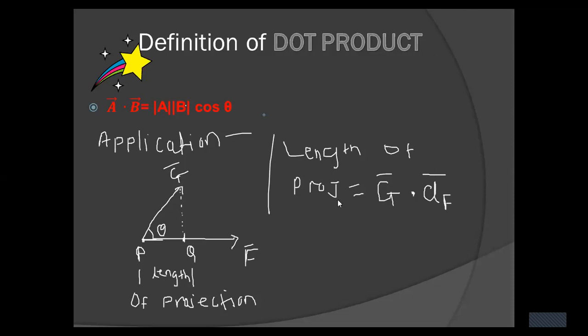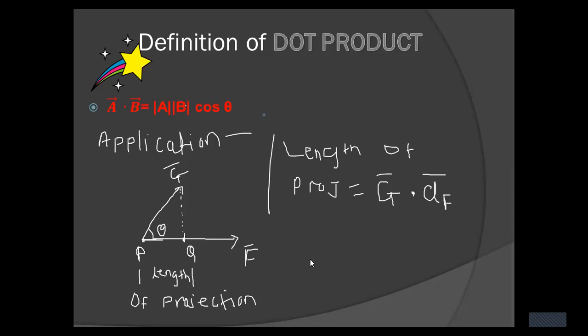And the dot product with the unit vector in the direction of the vector on which you are projecting your vector G bar. That unit vector is a bar, and we are projecting G bar in the direction of vector F bar. So it is a bar F here. So this is the length of projection.